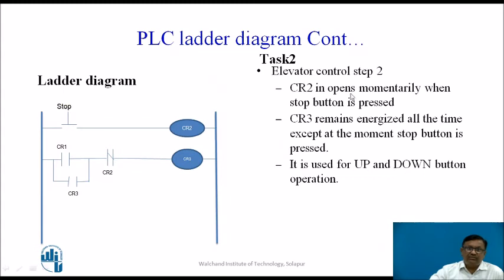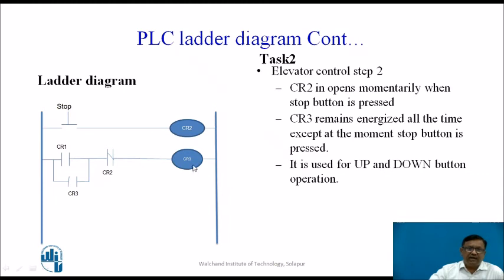CR2 opens momentarily when the stop button is pressed. So when I press it momentarily, this opens. Okay, and CR3 remains energized all the time except at the moment the stop button is pressed. So it is used for up and down button operation.